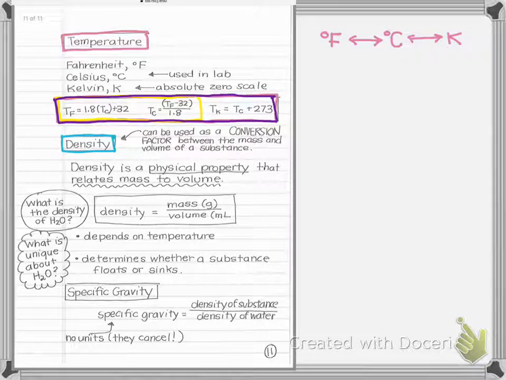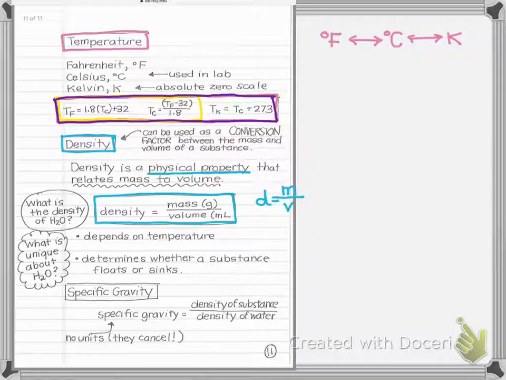So density is a physical property, which means if you think about the beginning of this chapter, a physical property is something that can be observed or measured without changing the composition of the substance. If you look at the equation, how we determine density is we can measure the mass and the volume, and density is equal to the mass divided by the volume.